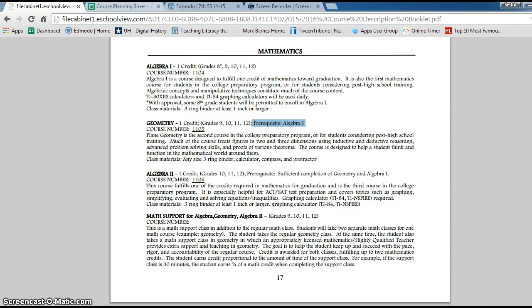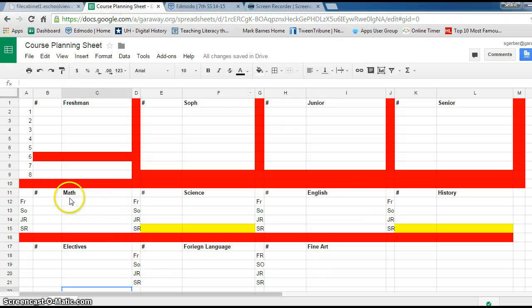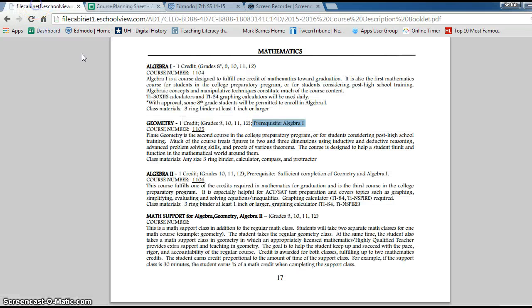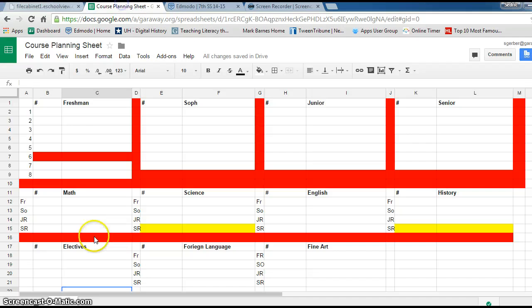So if you're in 8th grade math or pre-algebra now, you're going to go back to this course planning sheet, and you're going to type in the course number for Algebra 1, which is 1104. So you would take that 1104 and you would put it here, and then you would write Algebra 1.